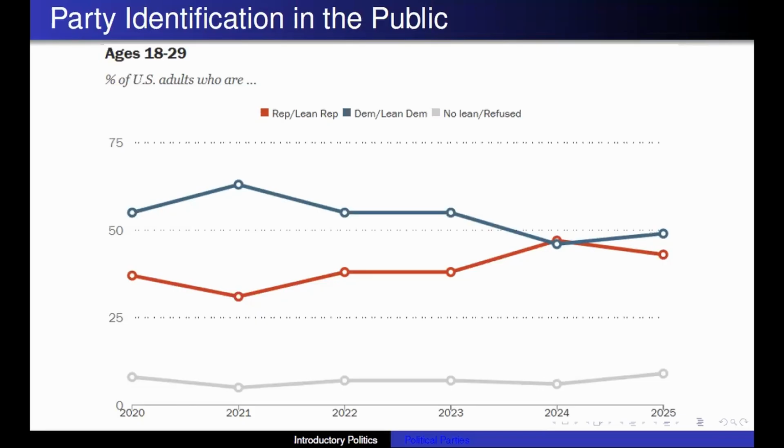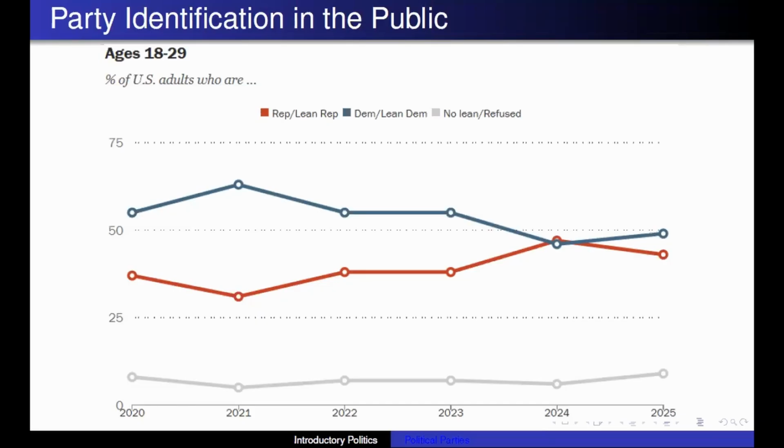But in our most recent years of, say, 2024 and 2025, it's a much more narrow gap. We can see in 2024 that young voters tended to identify as Republican more so than Democrats. Although it was basically tied, this was a year where we did see more Republican identifiers among the youth than we would in other years.